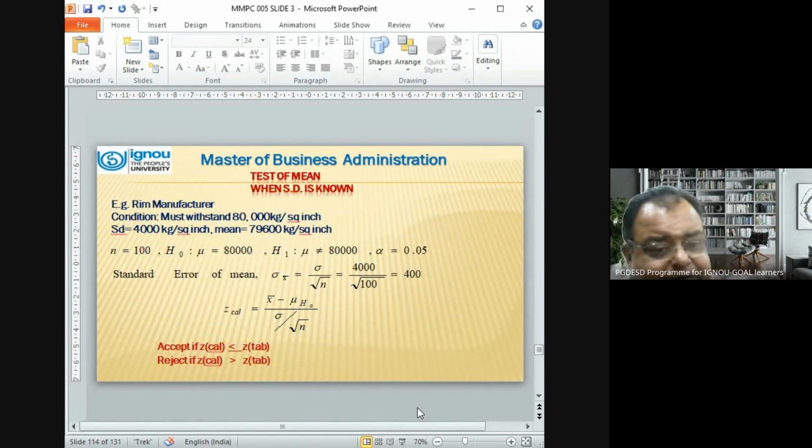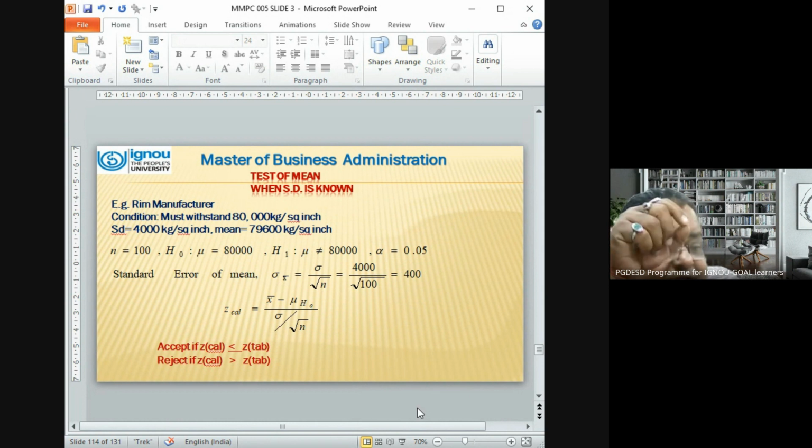Now see, this is a condition when standard deviation is known. In the problem, standard deviation is given to you. The problem is related to a rim manufacturer. The rim can withstand a load of 80,000 kg per square inch.